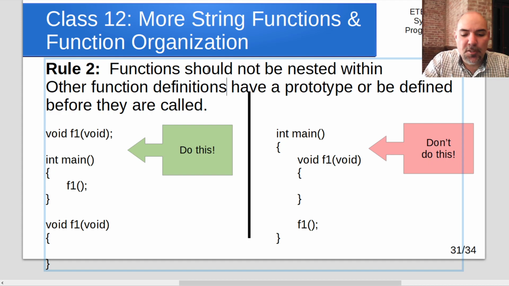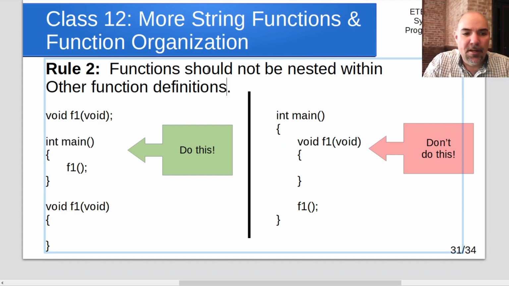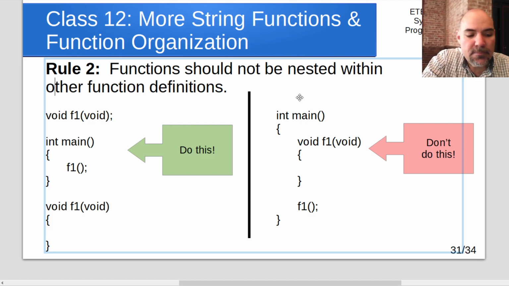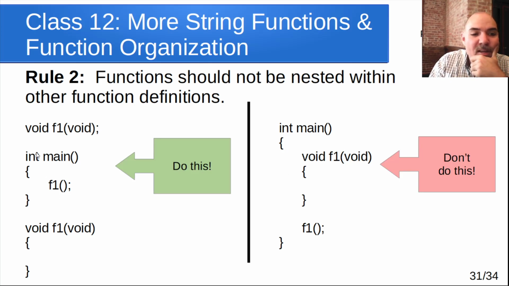So in other words, here's your prototype, here's your main function, here's your F1 function. If you had another function F2 prototype, and another function F3, you would have its prototype and its definition down here. You can list as many of those down there as you want. So do that. Do not define your function inside of the main function.